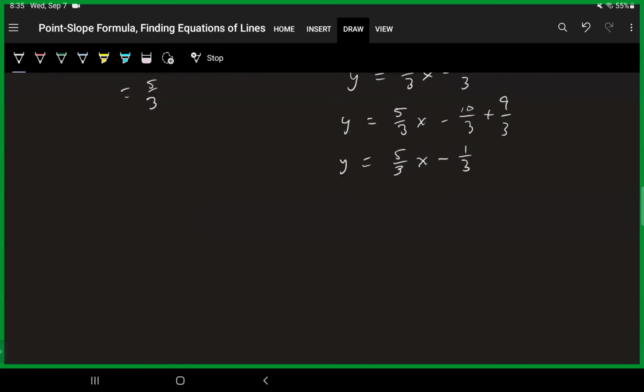Now, there's a couple special cases. If we have an undefined slope, this formula does not work.